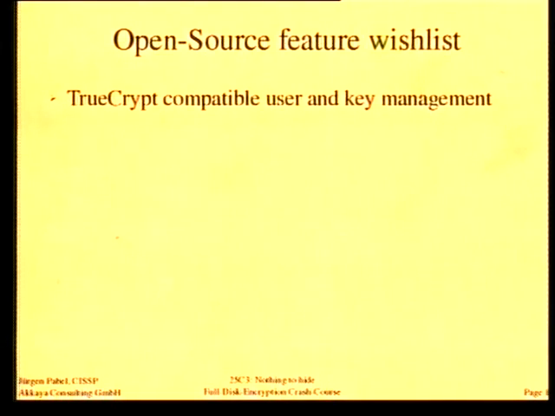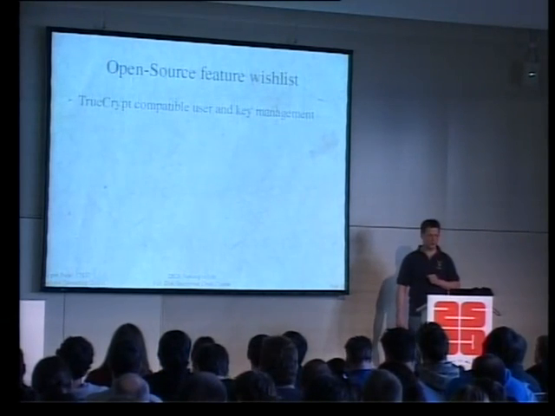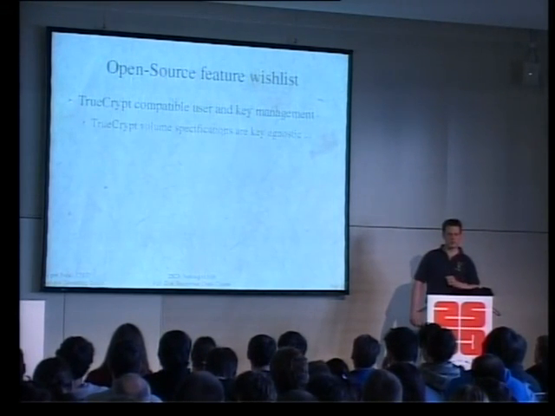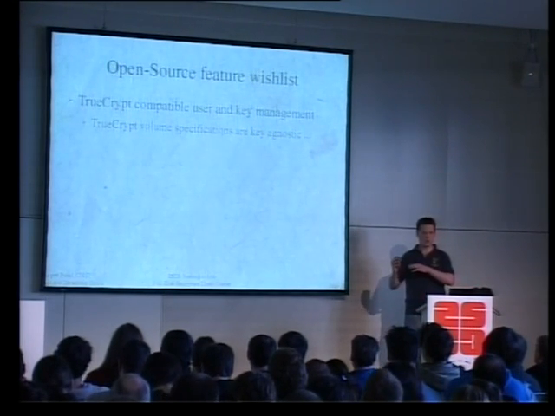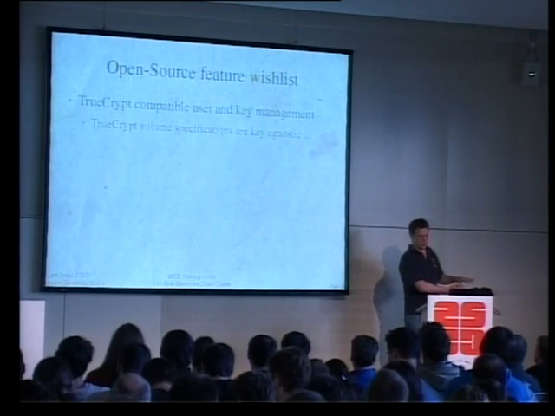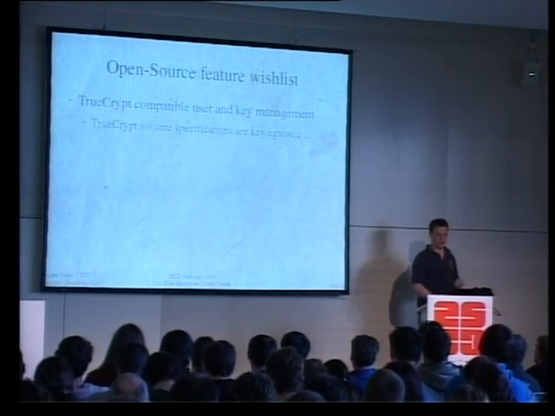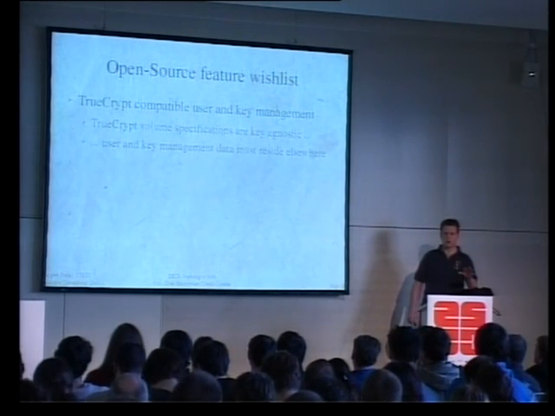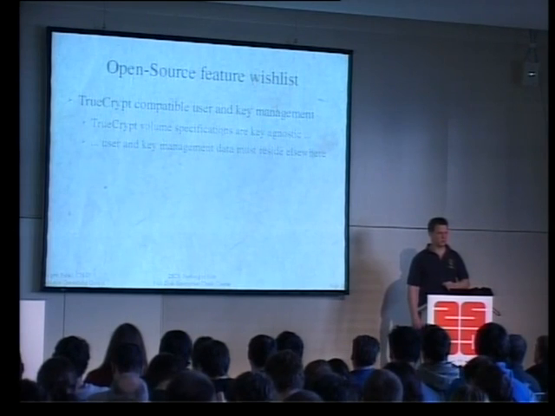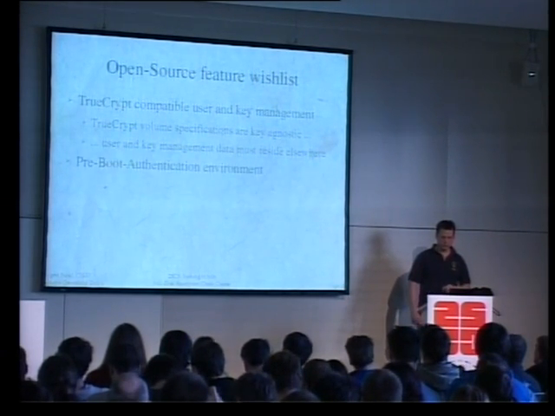And maybe they can do it by extending the current specifications, or they just add on some other specifications that allow you to lay off your user and key management data outside of the actual TrueCrypt header. So that way you could stay backwards compatible and also allow for user and key management to take place.